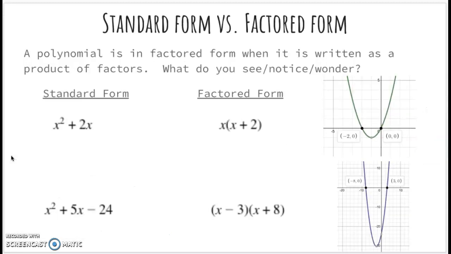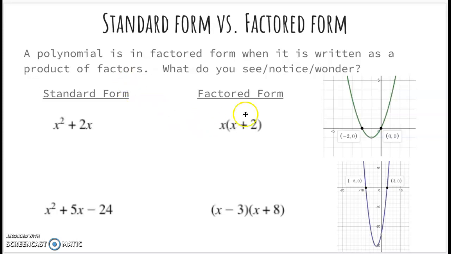All right, so first thing I want to talk to you guys about today is standard form versus factored form. A polynomial is in factored form when it is written as a product of two factors. You're probably used to thinking of factors like the factors of 30 would be 2 and 15 or 5 and 6. Those would be examples of factor pairs of 30.